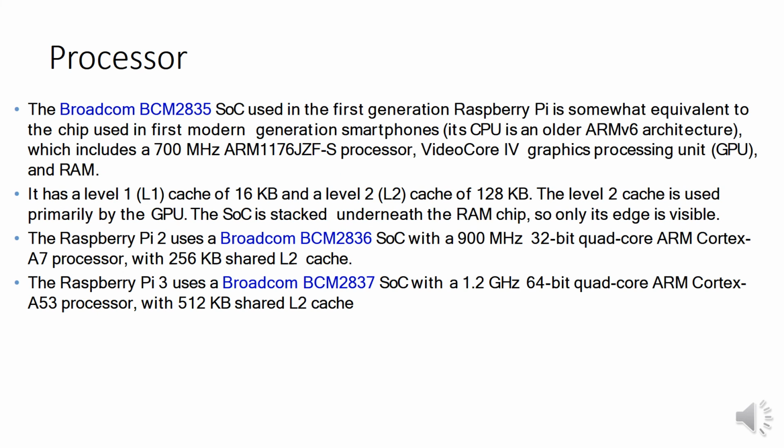Now about the processor, one type which supports the system on chip format belongs to the first generation of the Raspberry Pi, with a processor in the range of 700 megahertz, and the level 1 cache memory, which we call flash memory, is 16 kilobytes, and level 2 cache is 128 KB.